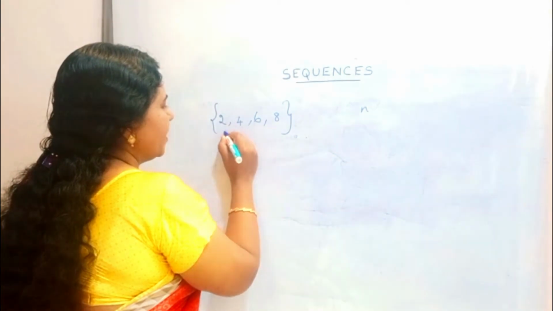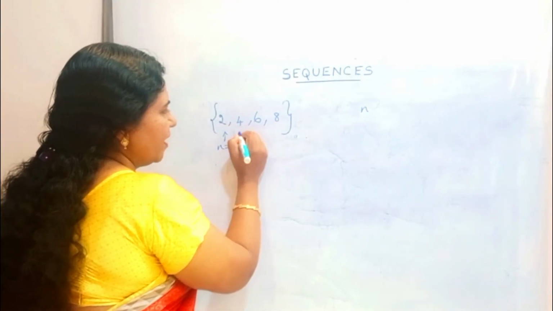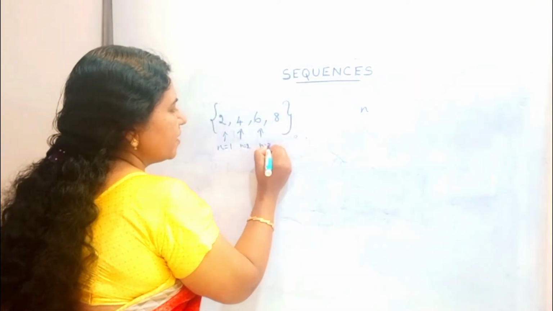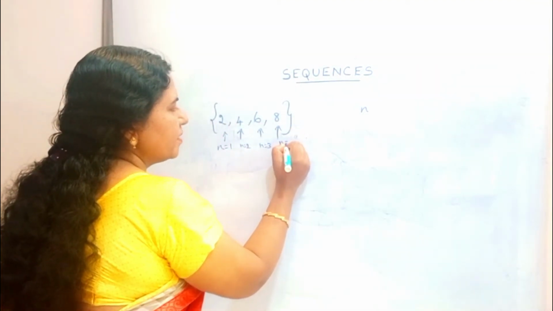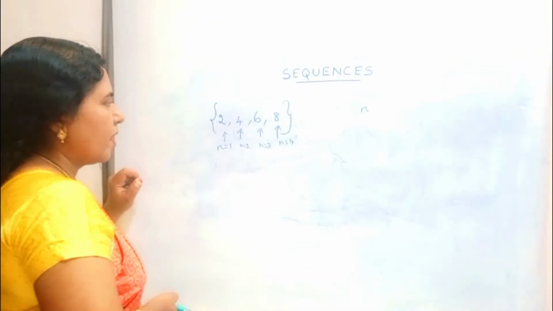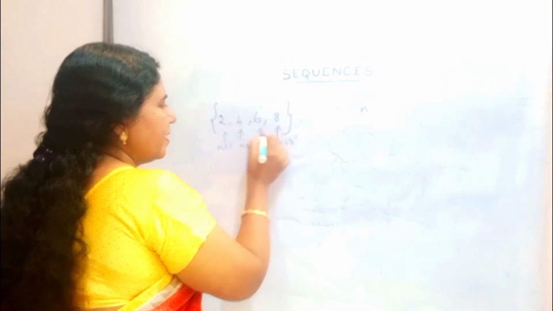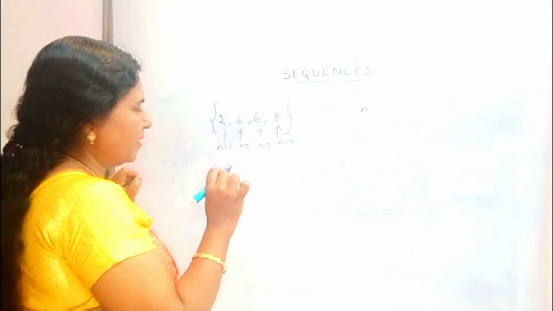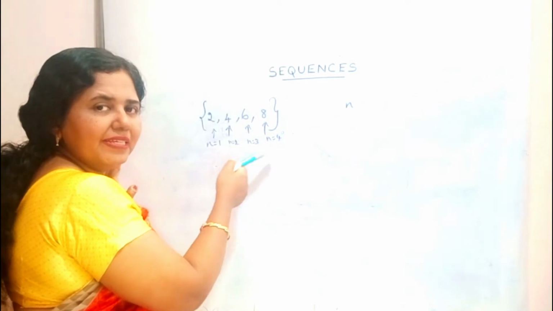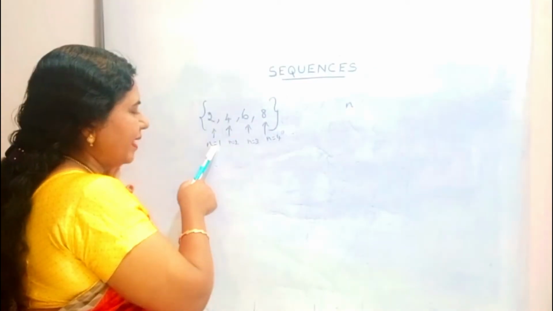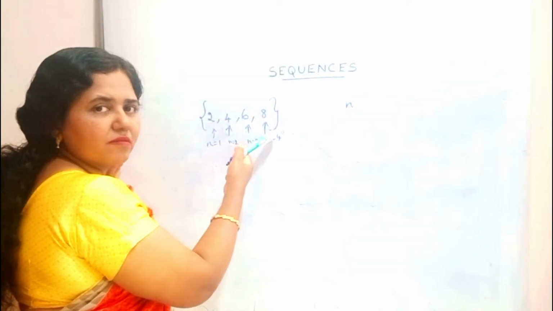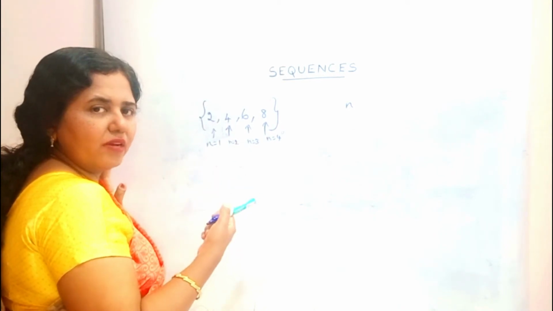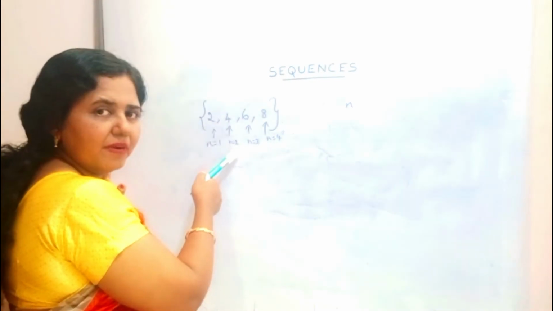For this position, let the value of n be 1, for this let the value of n be 2, here the value of n is equal to 3, and here the value of n is equal to 4. So now this n represents the position of the terms present in the sequence. We have used the variable n because it takes different values based upon the positions. In order to denote that, we have used the variable n here.